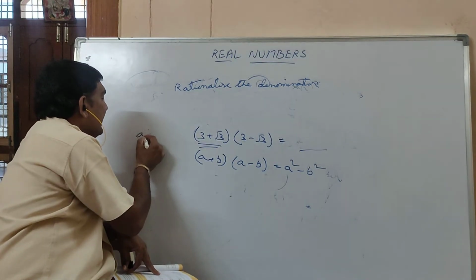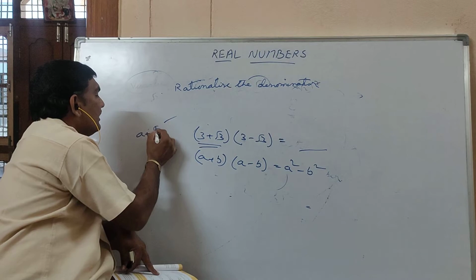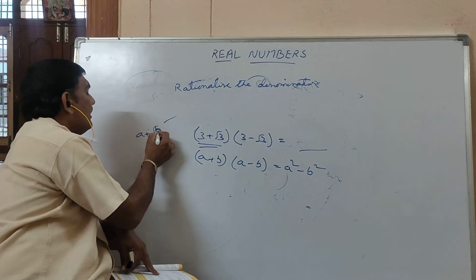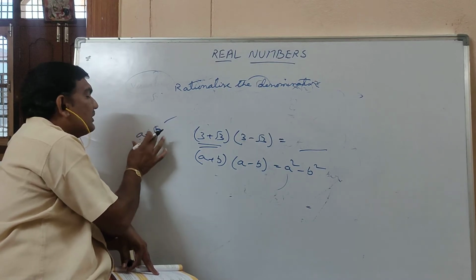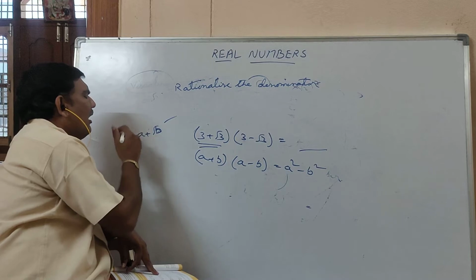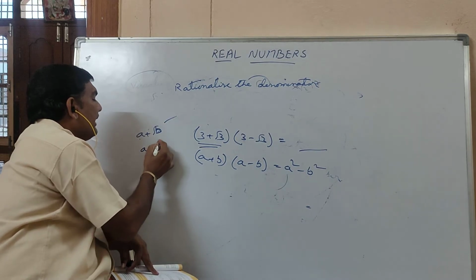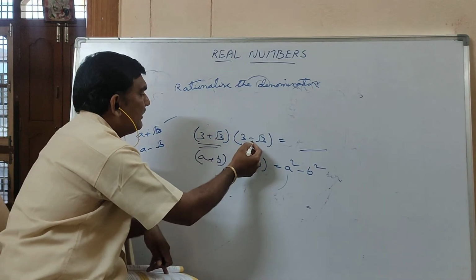See, in a plus root b, only one term is having an irrational number and one is rational. For all a plus root b terms, like 3 plus root 3, 4 plus root 5, like that, always the RF will be a minus root b. Okay. For 3 plus root 3, the RF is 3 minus root 3.